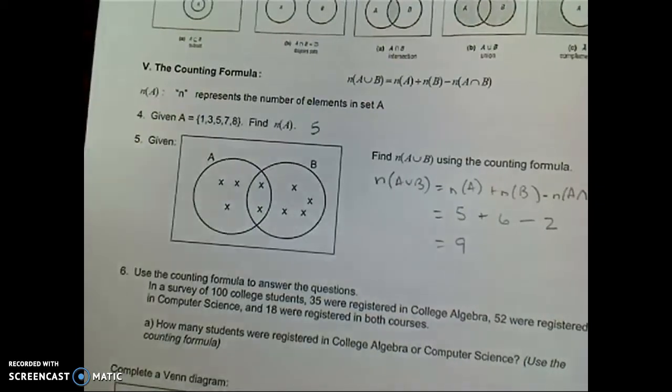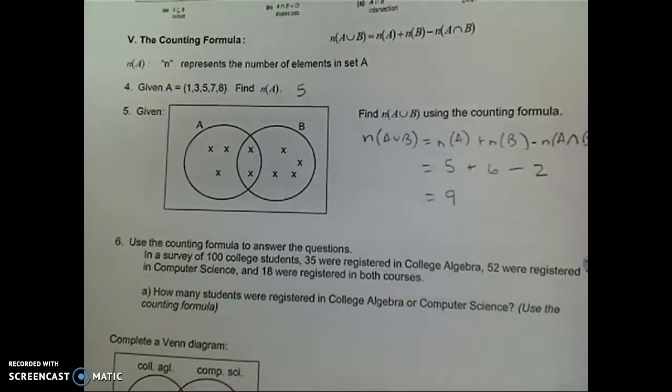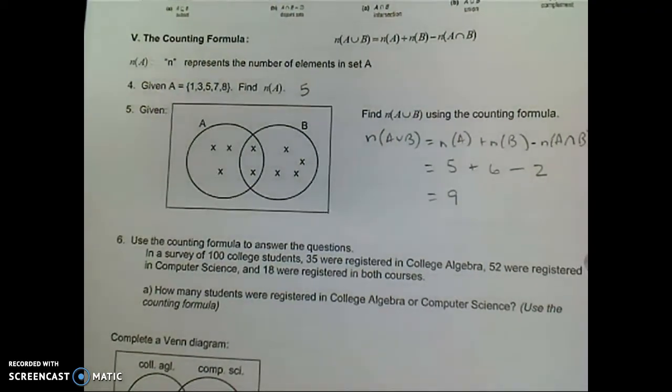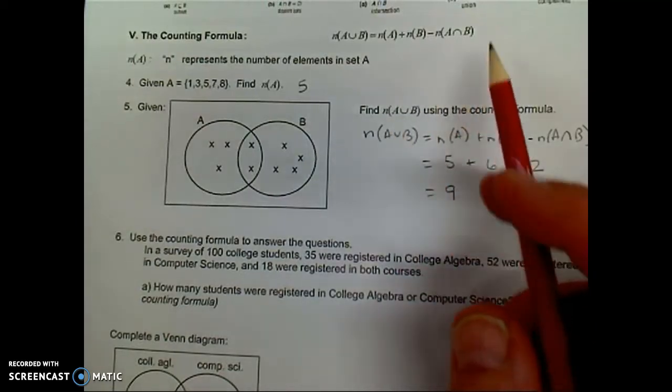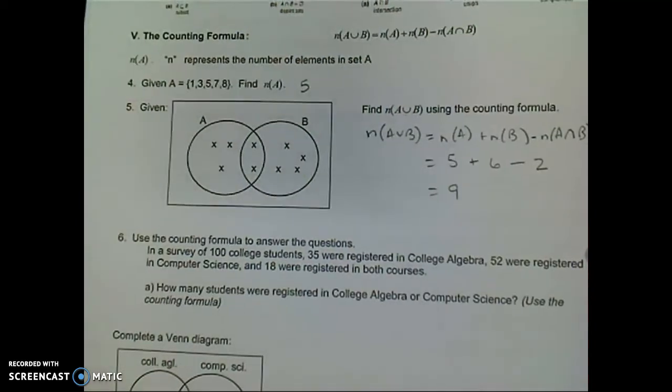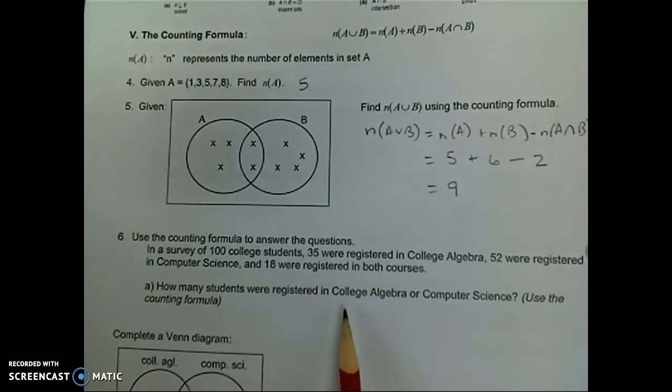Okay. We're not always able to count individually. Sometimes we're given numbers for this purpose, and then we can use these formulas to determine that. So our counting formula: we have 100 college students, 35 in college algebra, 52 in computer science, and 18 in both courses. This asks how many were registered in college algebra or computer science.